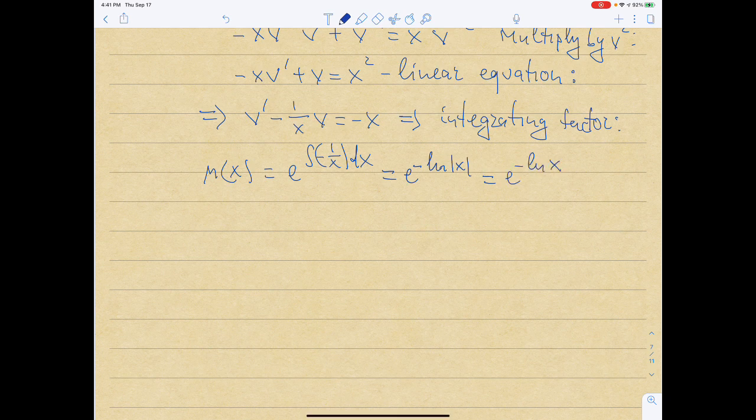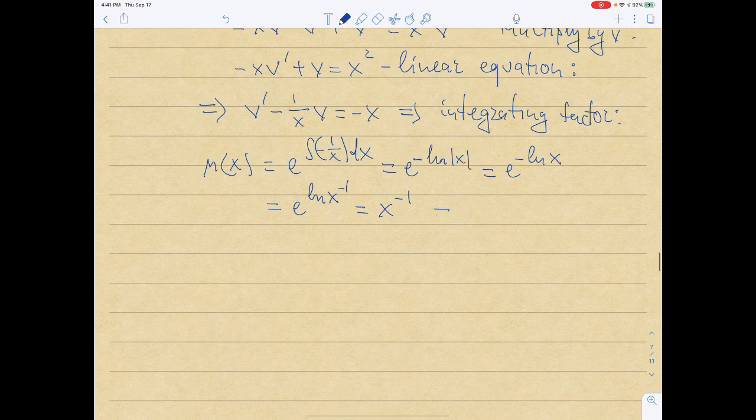Then if there is a constant in front of ln, I can always bring it inside the log and it becomes a power. So this is e to the ln x to the minus 1. And e and ln cancel each other out, so what you get is x to the minus 1.